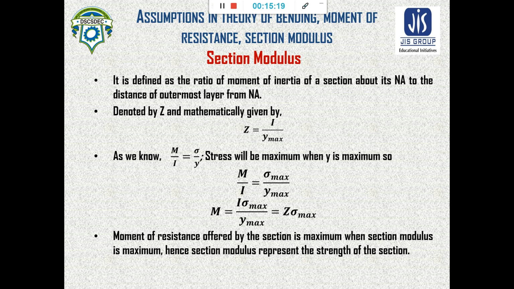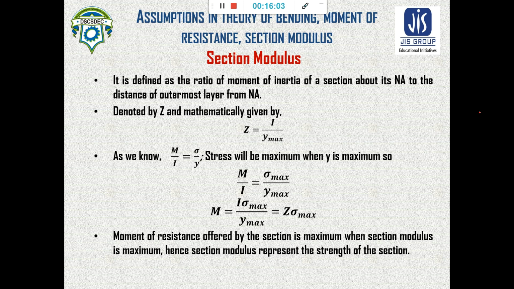In the next lecture we will see how to find the section modulus of various shapes. Now as we know, M by I is equal to sigma by y. Stress will be maximum when y is maximum, so M by I is equal to sigma max by y max.